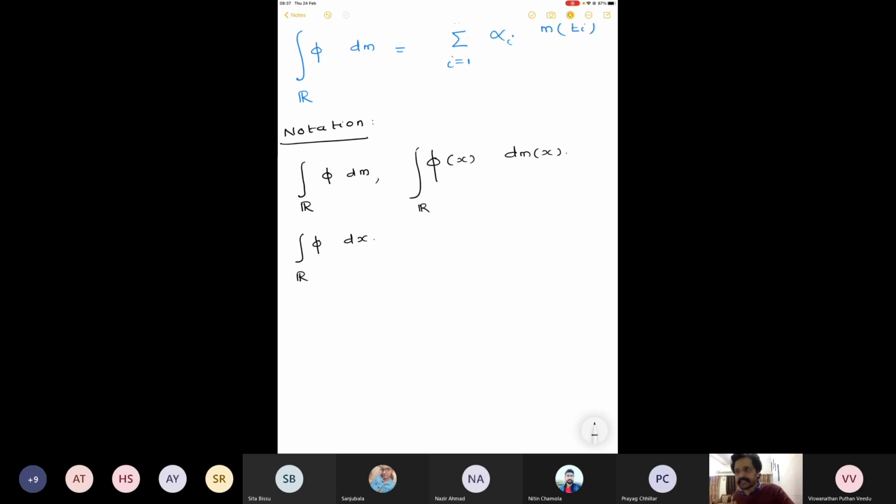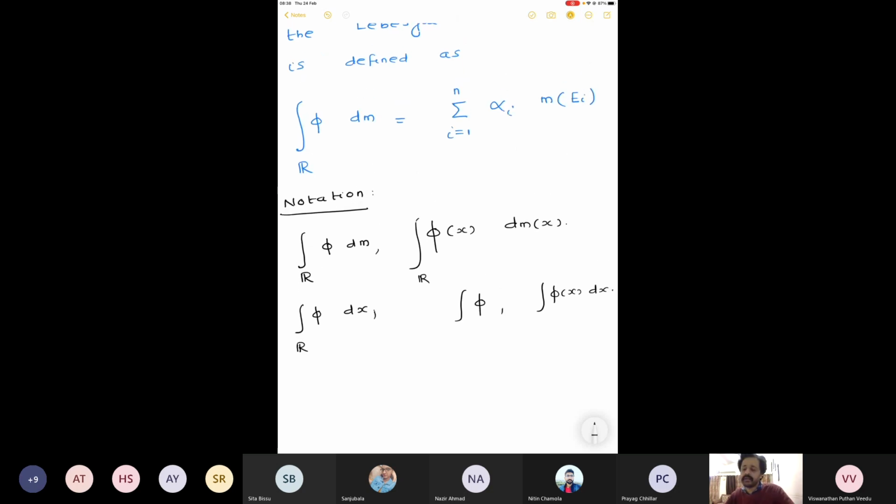But now the integration is with respect to Lebesgue, and maybe just avoid dm and just write the integral of phi, or maybe the integral of phi of x dx, just like Riemann. So all these are used interchangeably in the literature. I will try to stick to the first one, the integral over R of phi dm. Integration is with respect to the Lebesgue measure.